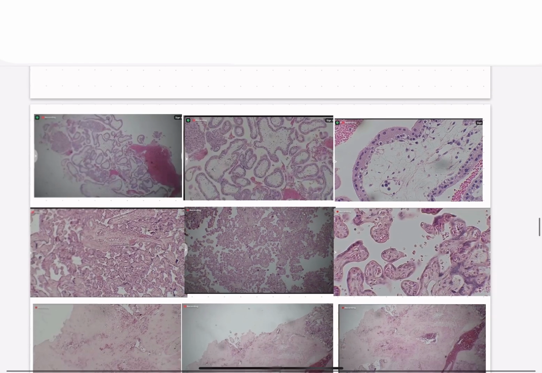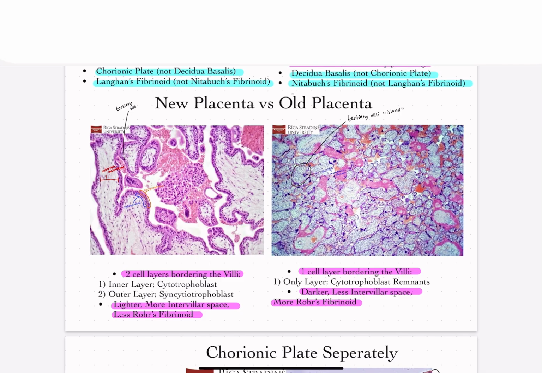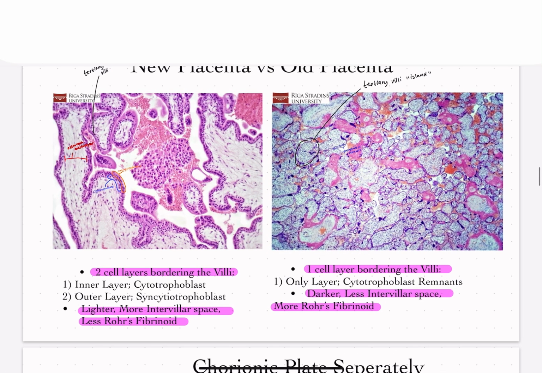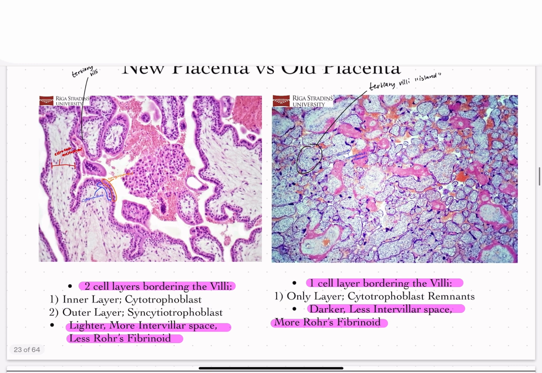Okay. Another difference that I would like you to take with a grain of salt, because again, it's hard to know when you don't have an old and a new to compare. It's very hard to go according to this next signifier, but I'll mention it anyway. Hopefully it'll help. But again, the most important one is the cell layer borders, and this is the least important one.